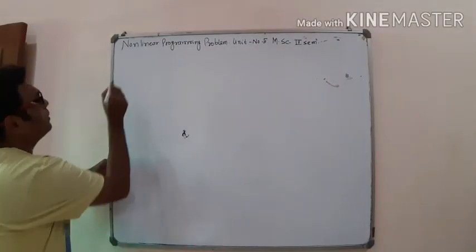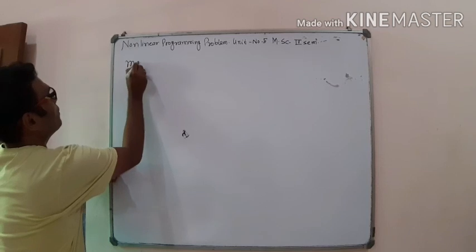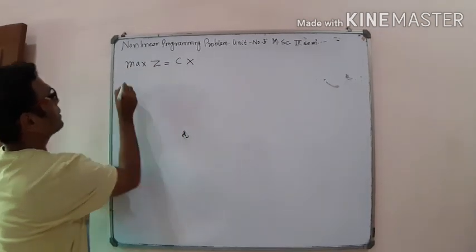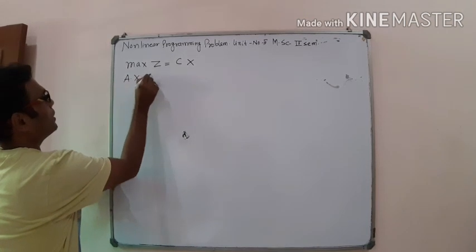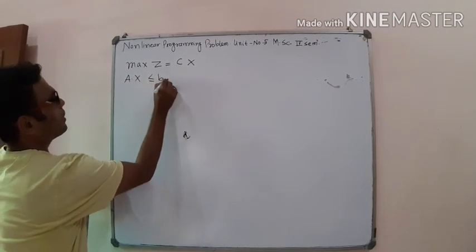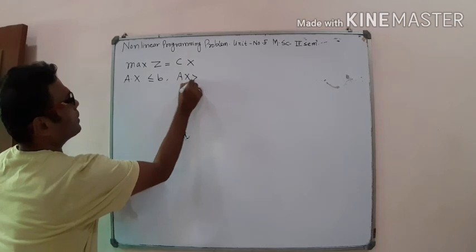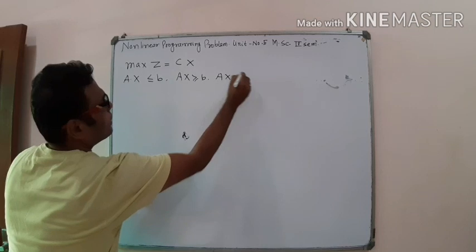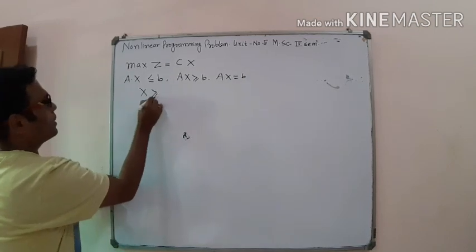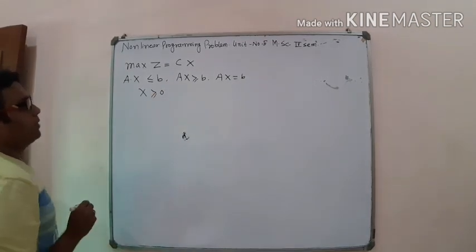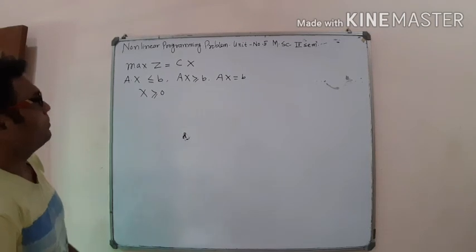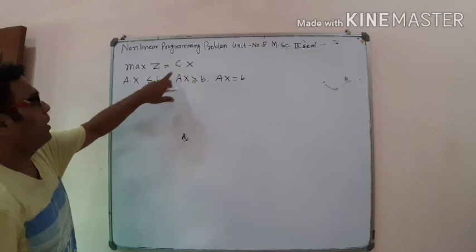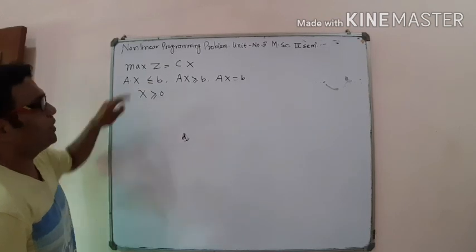Suppose we have maximum of z or minimum of z equal to cx, subject to the constraint ax equal to b, or sometimes ax greater than or equal to b, or sometimes ax less than or equal to b, and all x greater than or equal to 0. Then this problem is said to be linear when all parts are linear equations.